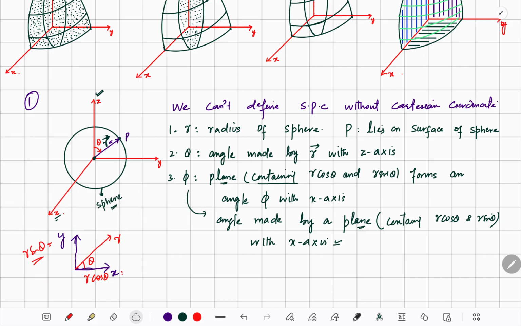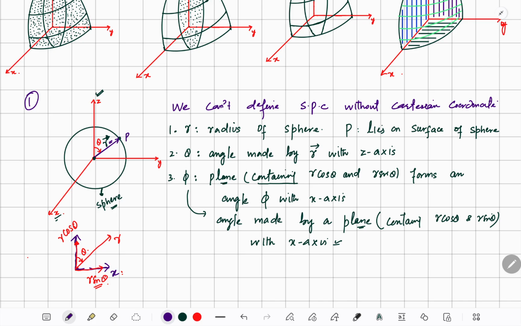Now we have a situation here. We have this angle as theta. Since this is the angle with the z-axis, now here it is the y-axis, so in this case we have the z-axis. This projection is r cos theta, and there is r sin theta in this direction.